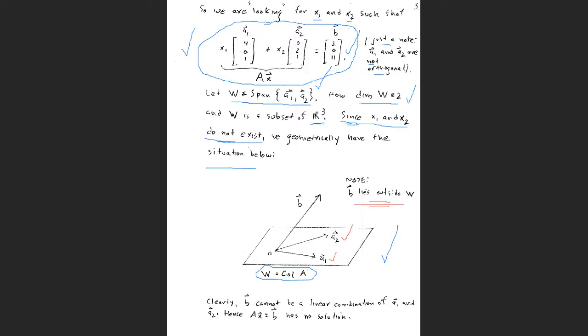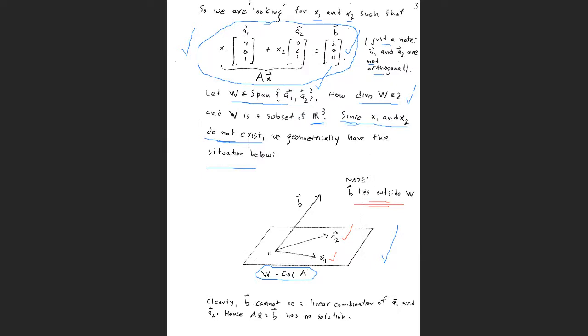Because b is not a linear combination of the column vectors A1 and A2. Binyam says this picture helps because of the geometric understanding of adding vectors.